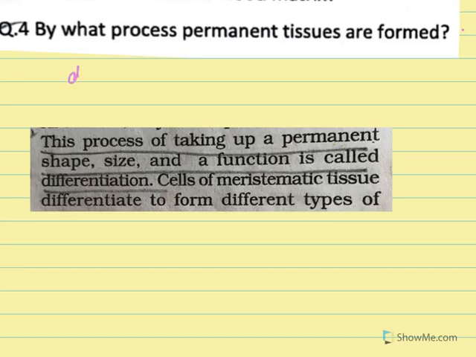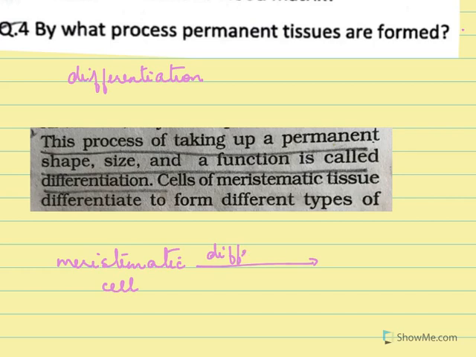By what process are permanent tissues formed? The process is called differentiation. The meristematic tissue or the meristematic cells undergo a process called differentiation and then form the permanent tissue.